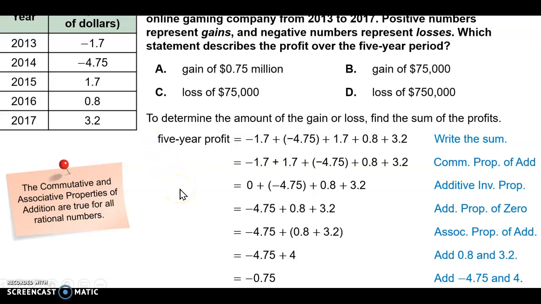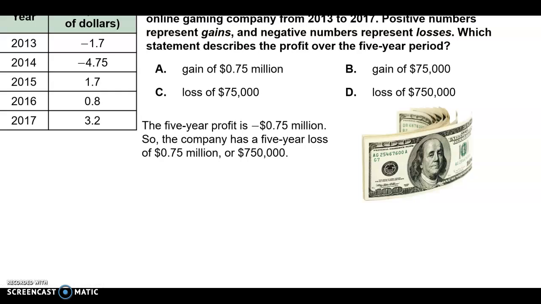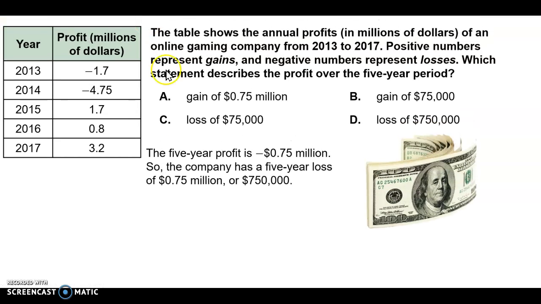Now you want to be careful because that negative 0.75 is millions of dollars. So let's go back here. So the 5-year profit is negative 0.75 million. So the company has a 5-year loss of 0.75 million, or if you change that to an actual number, 750,000.